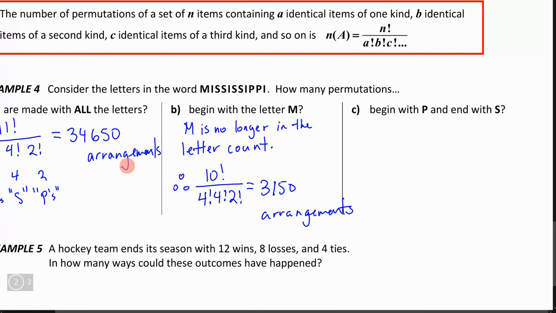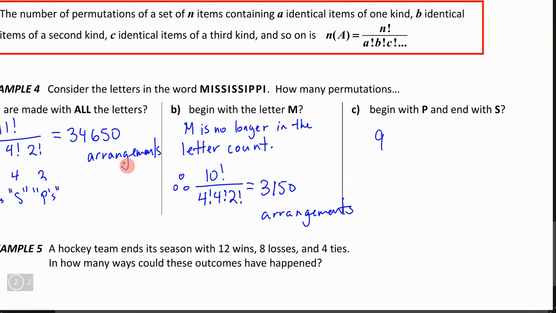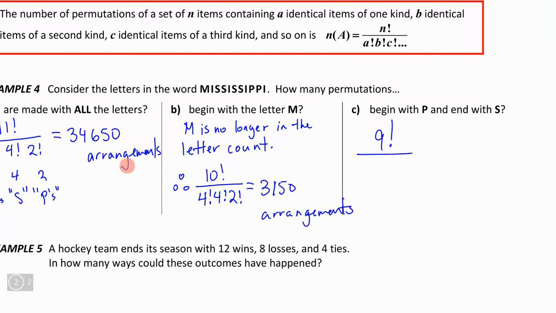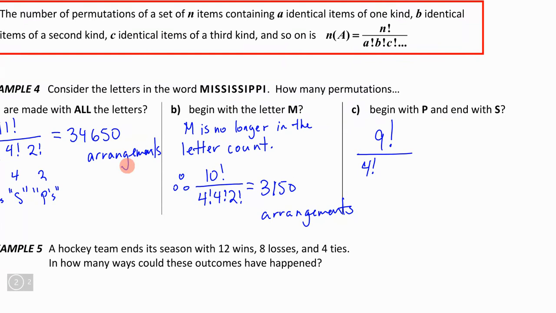Part C, what if we have to begin with a P and end with an S? So again, we are restricting one more time the total number of letters. So we only have 9 factorial letters. But because P and S are repeating letters, I have to now change the bottom as well. So I only have the i's repeating, so 4 factorial. And because there are only 2 p's, if I take out one p, I only have one p left, so there's nothing else to divide down there.